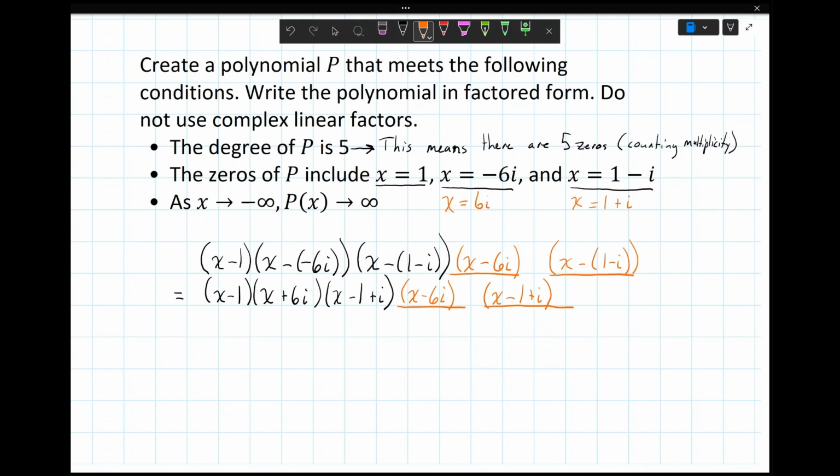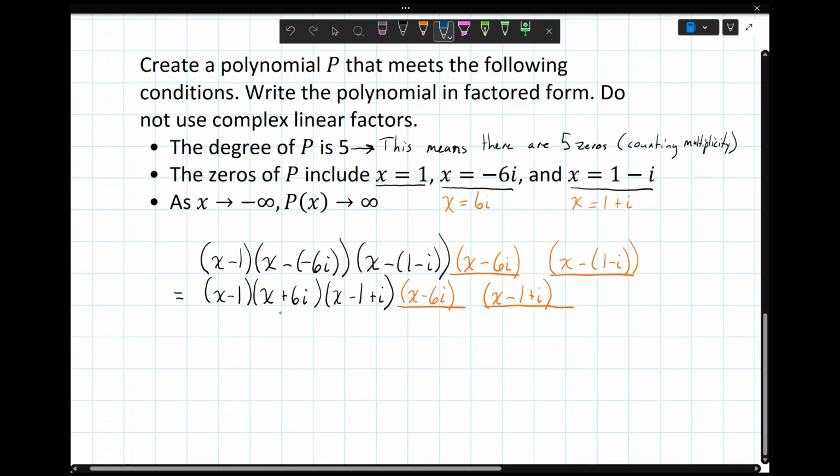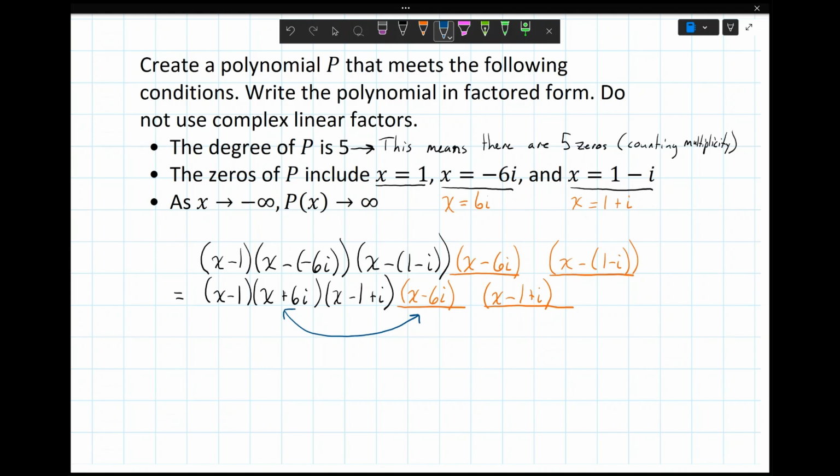We just want to simplify this to get rid of the complex linear factors. We're going to do that by looking at our conjugate pairs together, because that's why we have them. You could multiply this out one at a time, but it's a little bit easier if we just use our conjugate pairs. It's okay to leave it in factored form. We just want to combine the factors that are nice to combine.